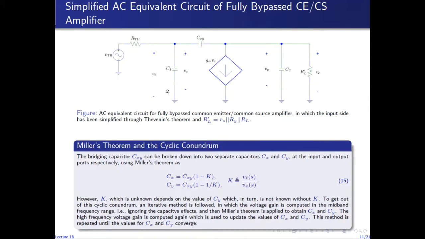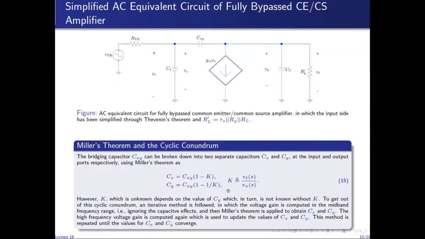So once we have that simplified circuit with CX on the input side and CY on the output side, we find the ratio VL over VI again, using the capacitor CX in parallel with C1 and the capacitor CY in parallel with C2. So that gives us an updated value of the gain, K.